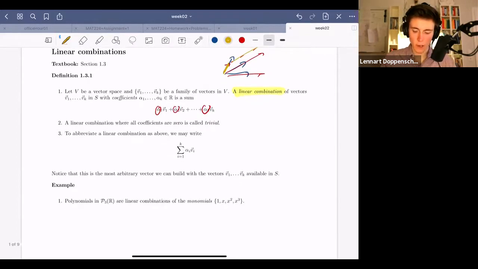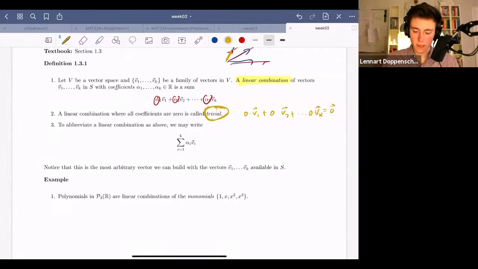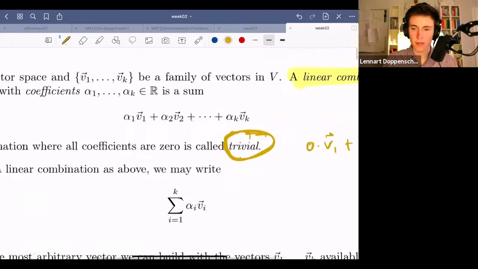Just some notation: we say that this is trivial if every coefficient is 0. But notice that this means that the linear combination is 0 itself, because if you have 0 times v1 plus 0 times v2 plus 0, not the 0 vector, just the 0 number, times vk, this is 0. So we just say that this combination is trivial. And this will be important later on, so for easier communication, we'll need this word. And to abbreviate this sum, notice that this sum looks very generic. We have many summands and they all look the same.